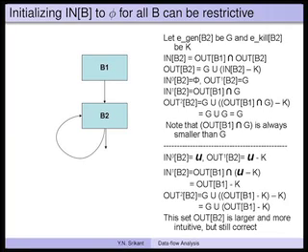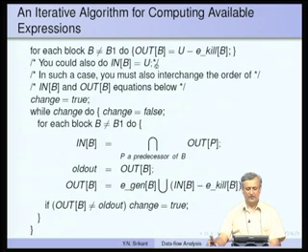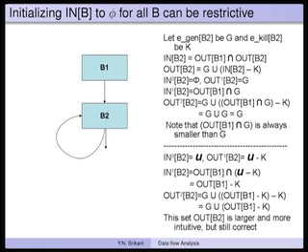So, the moral of the story is, if you initialize the in sets to u or the out sets to u minus k, we actually get a conservative solution which is still better than the other case when we initialize the in sets to phi. That is the reason why the initialization here was in b equal to u or out b equal to u minus e kill b, and not in b equal to phi as in the case of reaching definitions.